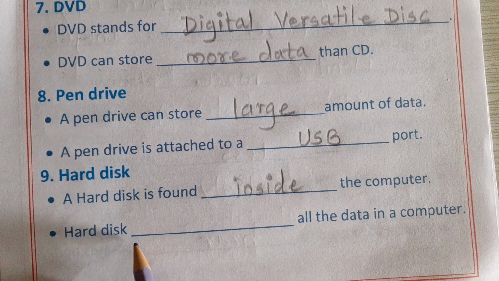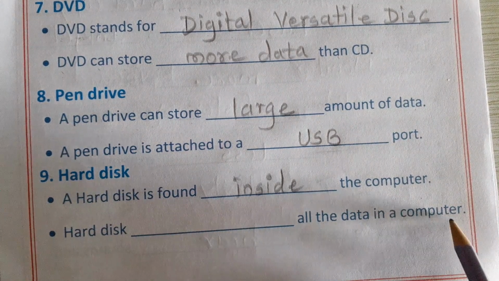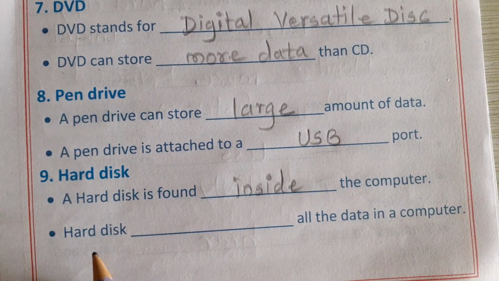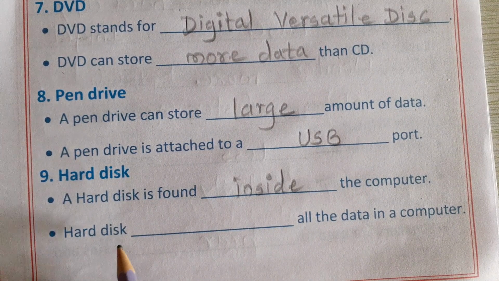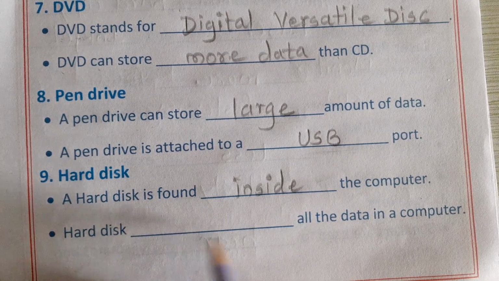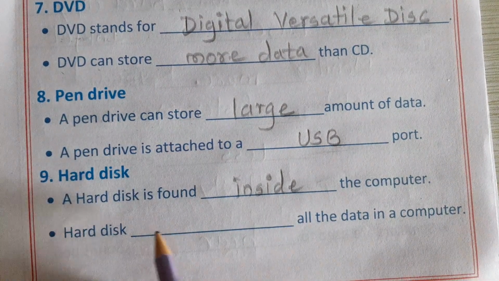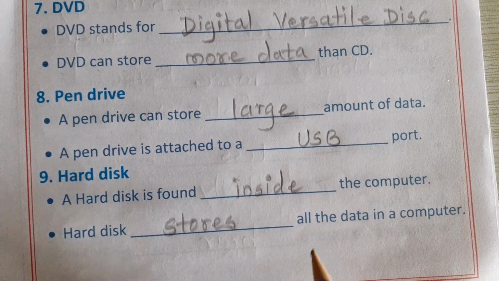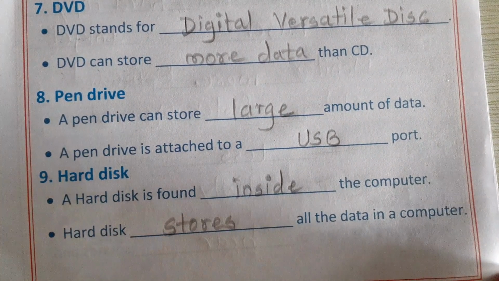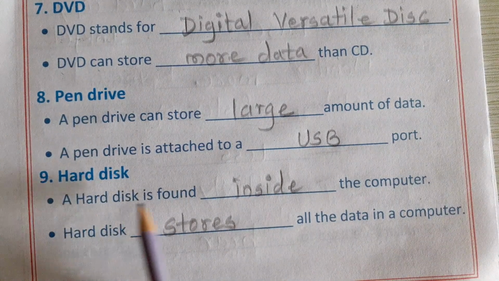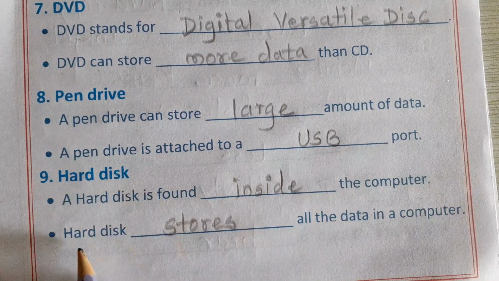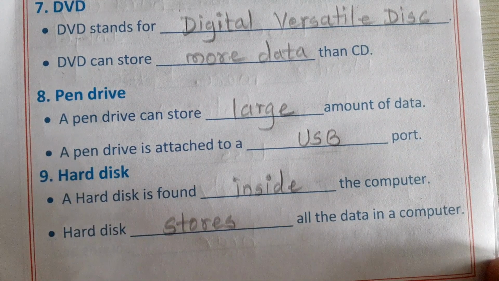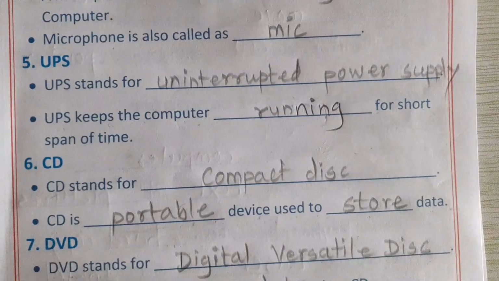What data? A hard disk stores all the data in a computer. Understand? Hard disk is found inside the computer. Hard disk stores all the data in a computer. Got it?